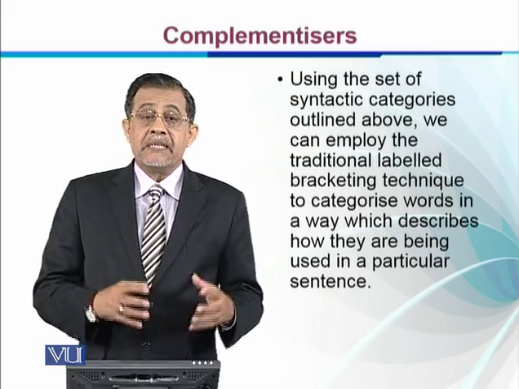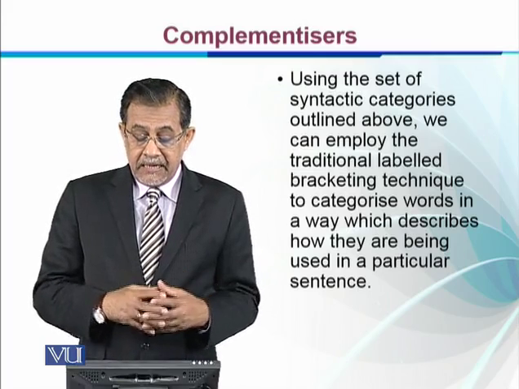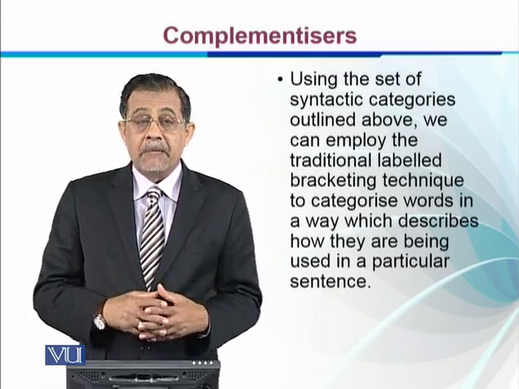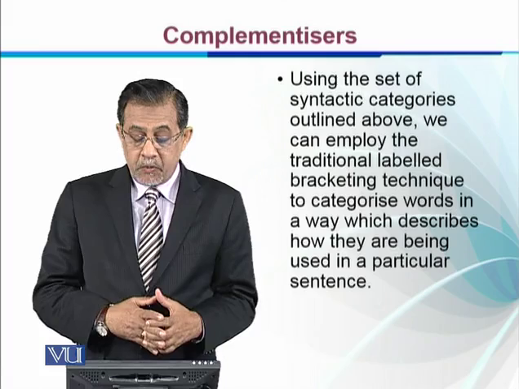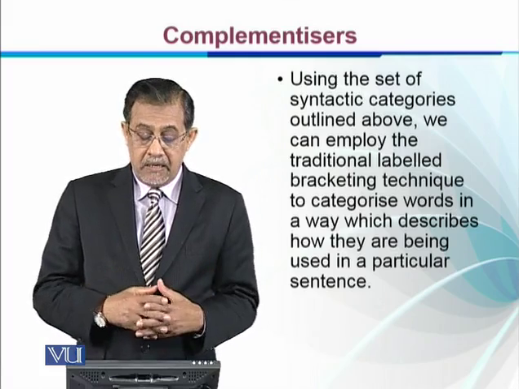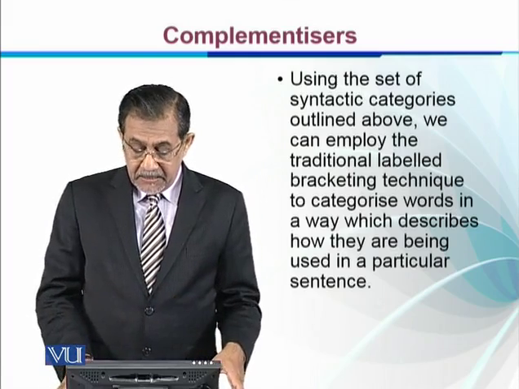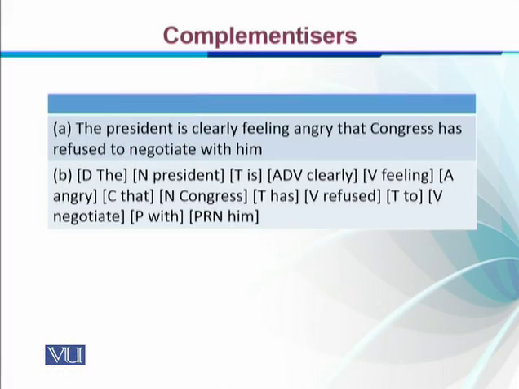Using the set of syntactic categories outlined above, we can employ the traditional label bracketing technique to categorize words in a way which describes how they are used in a particular sentence. For example, the president is clearly feeling angry that Congress has refused to negotiate with him. This sentence can be put with the help of grammatical categories. We get it.